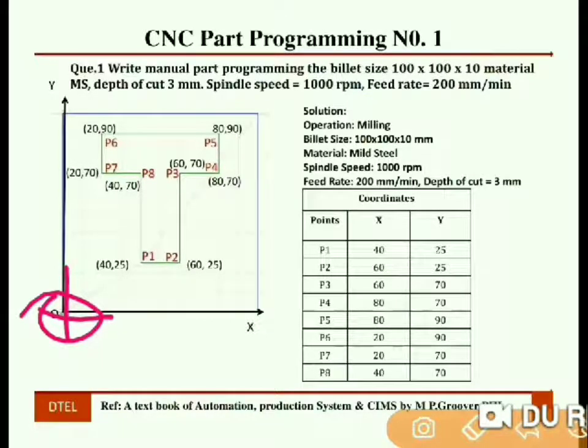Below that surface we can count minus 1, minus 2, minus 3, and above that surface we can count plus 1, plus 2, plus 3. Initially it is 10 mm above. Now we need to shift the tool in the negative Z direction, so we have considered here Z minus 3. Minus 3 means minus 3 mm depth of cut.